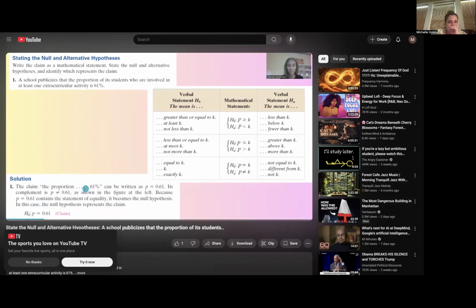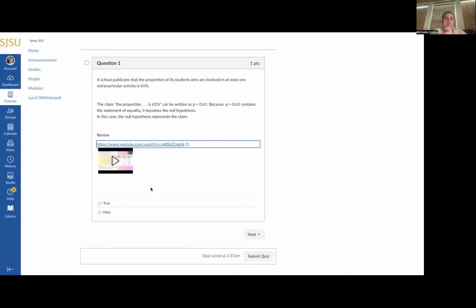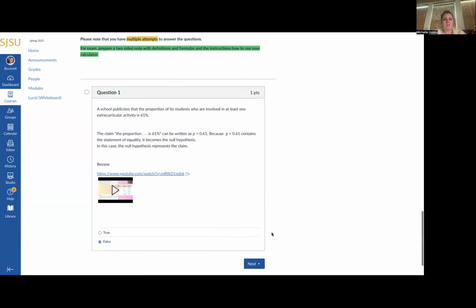The null hypothesis says the proportion is 61%; its alternative, its opposite, its complement is not 61%. It might be less than 61% or more. So I think it's false, because we don't know the claim yet. We don't know if it's true or false, so I'm going to say false. I hope that's right. I hope I understood that right.